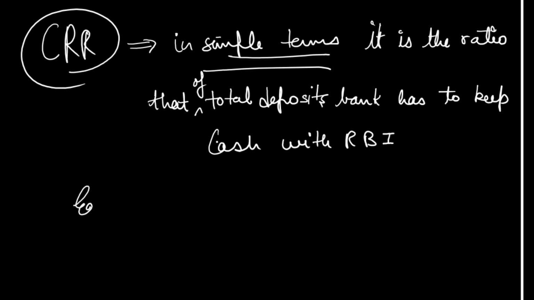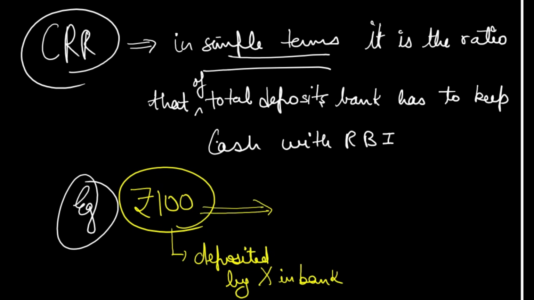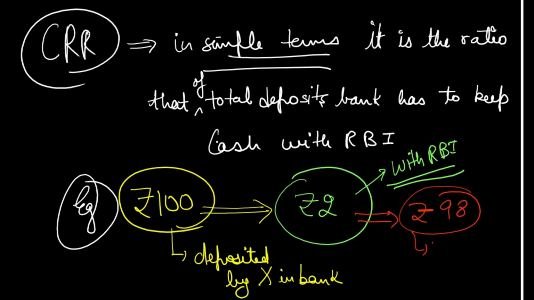Example, there is 100 deposited by X in bank. Bank will keep rupees 2 with RBI and will use only 98 to lend further.